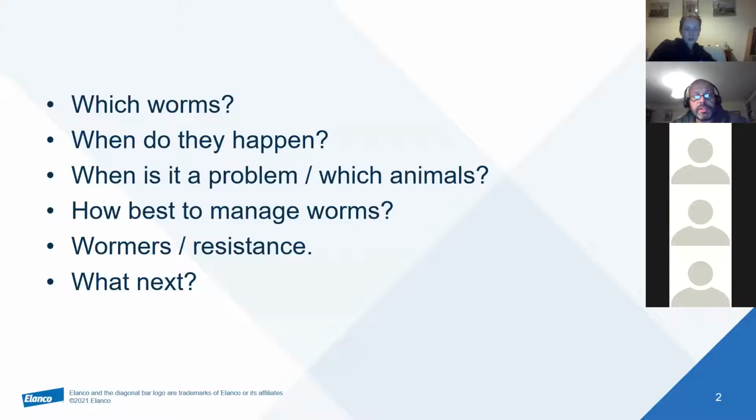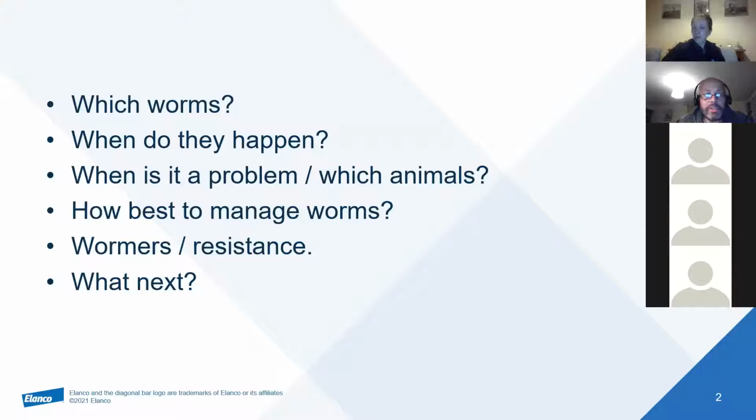And then we'll see when is it a problem and which animals in particular do we get a problem with. And then we'll have a discussion on how best to manage worms, and that'll bring in the wormers and the wormer resistance that we're looking at. And then we'll decide on what we're going to do next. Okay, so that's the plan for the evening.